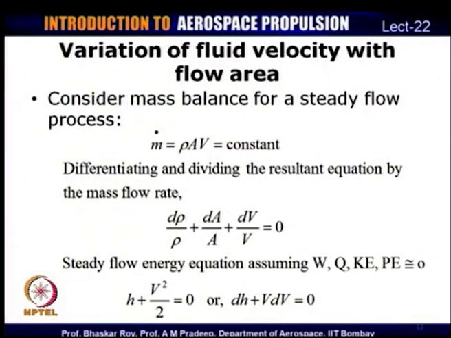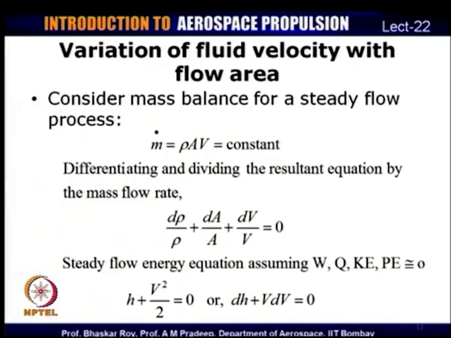We know that the mass flow rate for such processes is equal to the product of density, area and velocity, so rho A V will be a constant for a steady flow process. If we differentiate this equation and divide by the mass flow rate, we can rewrite it as d rho by rho plus d A by A plus d V by V is equal to 0.